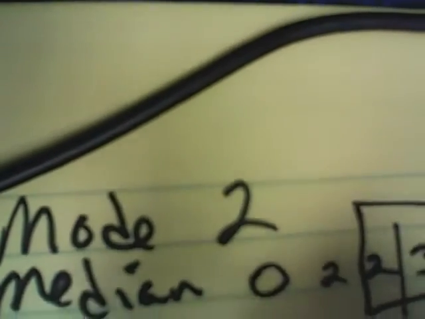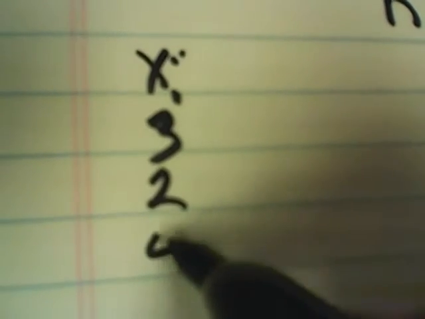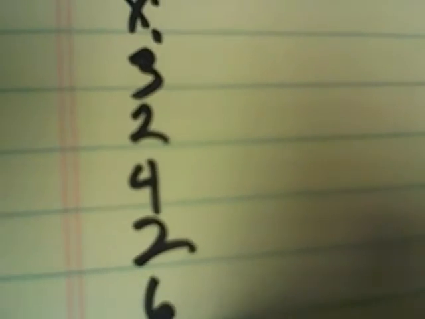Now for the mean, we take the sum of our x sub i and we divide it by the total number of observations. So for our data set, we're going to add these numbers up and divide it by 6. Here's my x sub i: 3, 2, 4, 2, 6, 0.